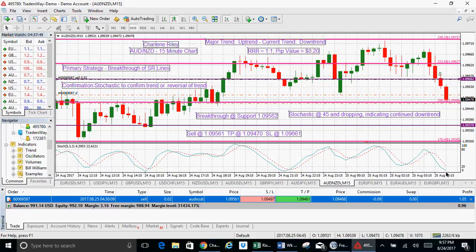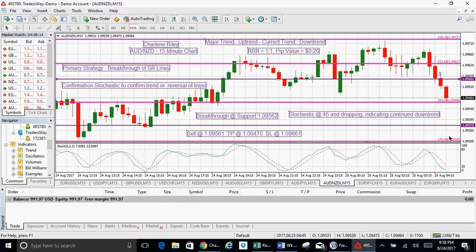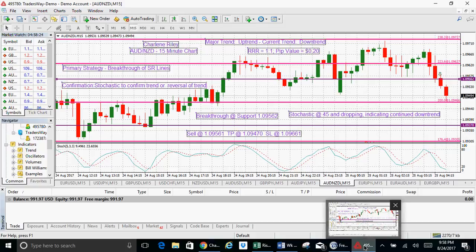The stochastic looks like it could go further. So I will move the take profit down a little further. Okay, well, it took me out already.